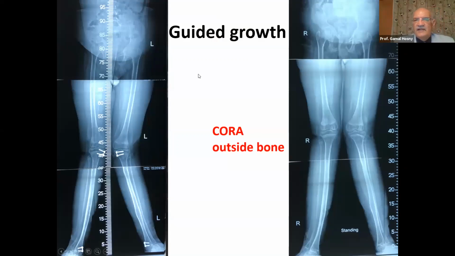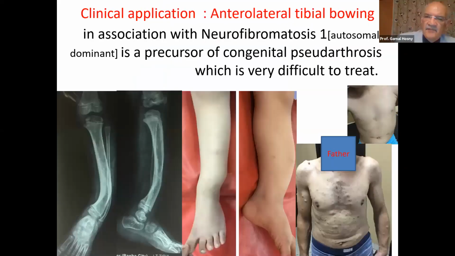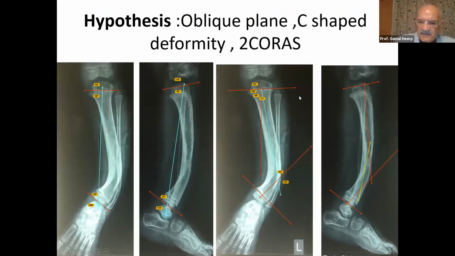Also, another clinical example: if you have anterolateral tibial bowing, you can treat it as an oblique plane deformity because you can see it in the AP and lateral, and you can ignore the sites of the bowing here because we are afraid of the development of congenital pseudarthrosis of the tibia, and we treated it as a deformity.